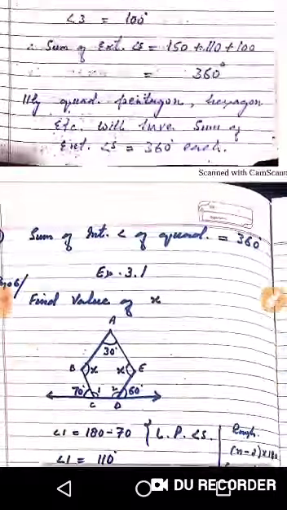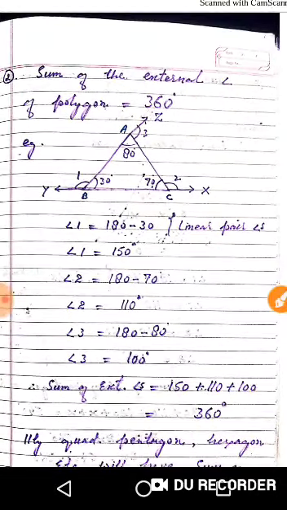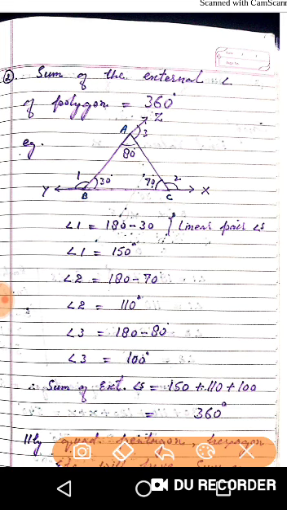Okay, then move onwards. So this formula which you have now learned, that the sum of the external angles of a polygon is equal to 360, can now be used to solve so many problems given in your exercise 3.1.